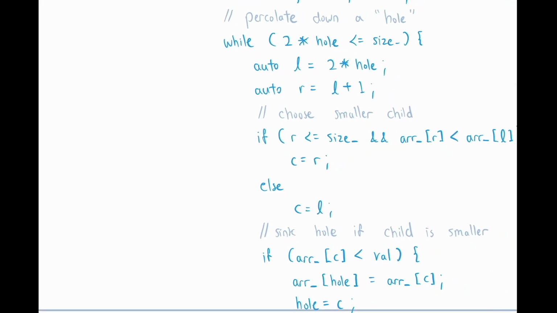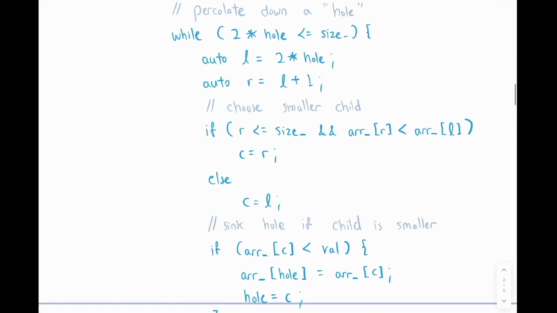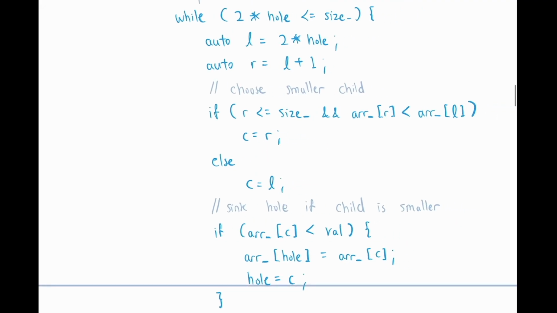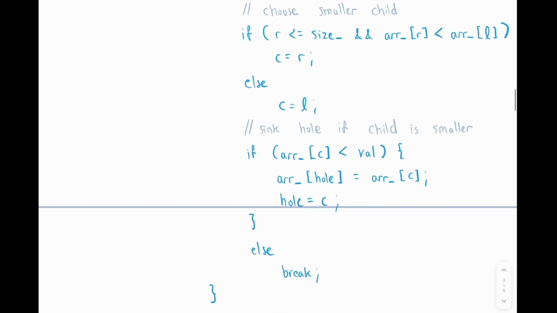But essentially, the important thing is that we want to determine whether the left or right child is bigger or smaller, so that we can move down into the smaller location, provided this is a min heap. So the chosen will be the right side if the right side is smaller, left side if the left side is smaller. That's all to it.